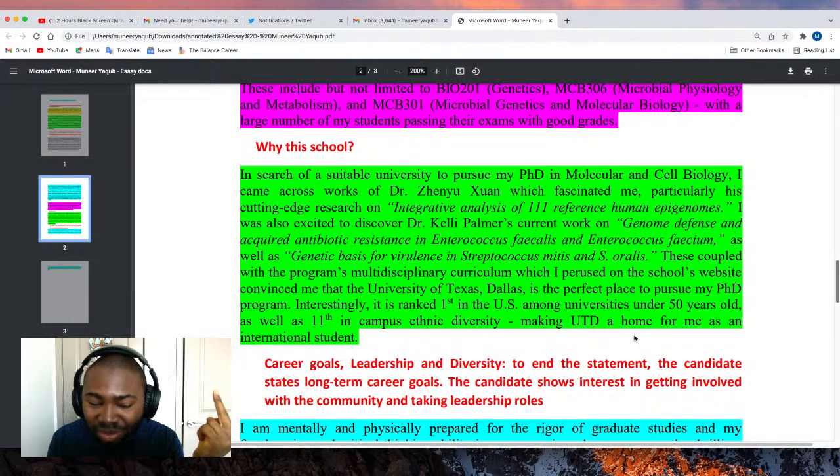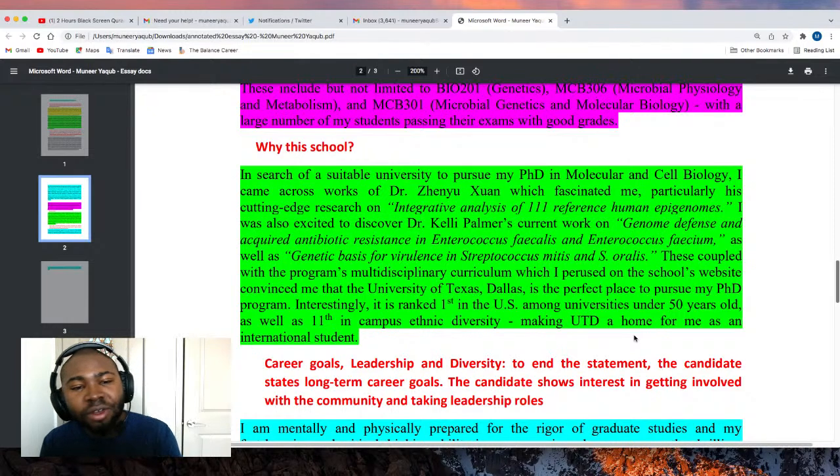So it's diverse. There you will see a lot of black people on my campus, and so I felt like this is a strong reason why I would want to apply to this school, and I stated that, and I think that kind of helped as well.